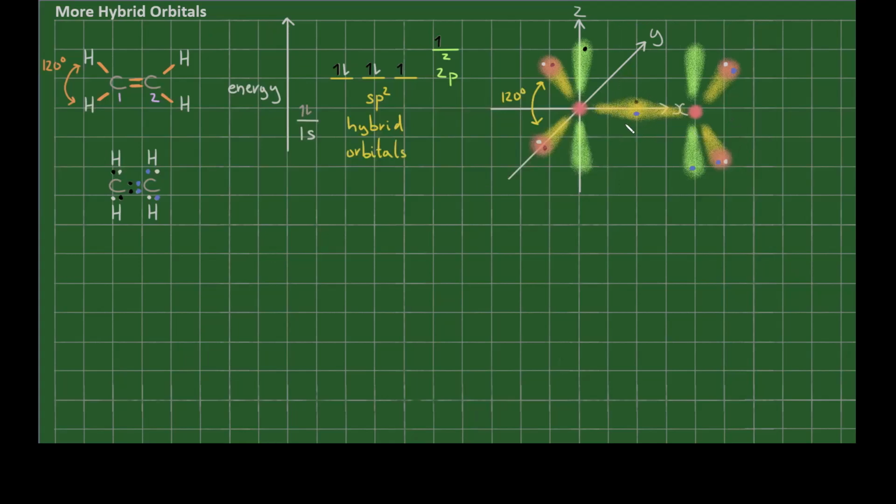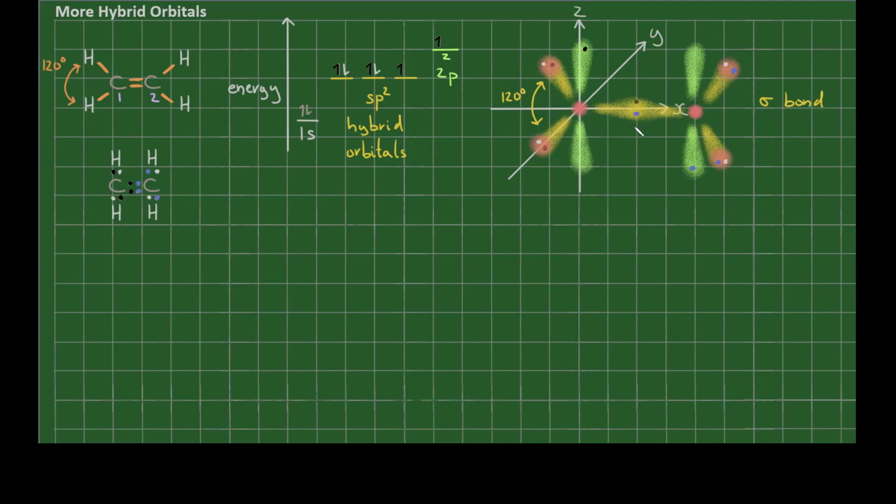By overlapping these two sp2 orbitals, we have created a single bond. Whenever we overlap two orbitals head-on, we talk about a sigma bond. This little symbol that looks like an upturned number 6 is the lowercase Greek letter sigma.